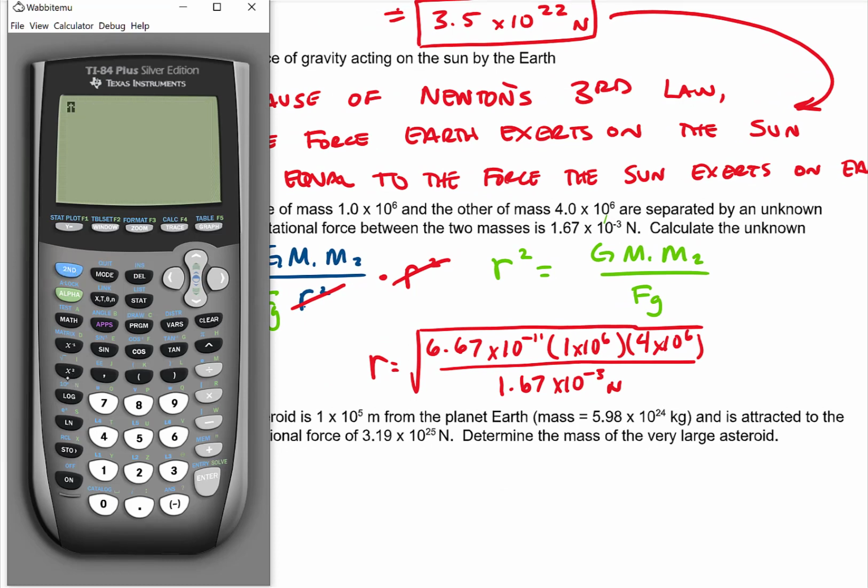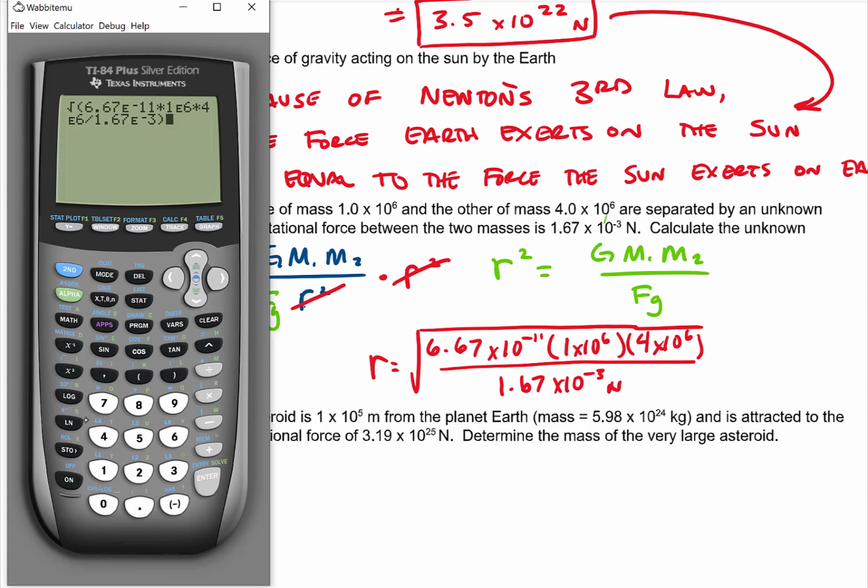So second square root on the top, we're going to have to do that, 6.67 second e negative 11 times 1 times 10, so second comma e to the 6th, times 4 second e 6th, divided by, I don't want to put the parentheses there, I just want to divide by 1.67 second e little negative sign 3.